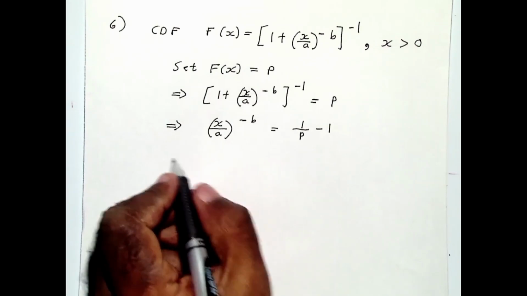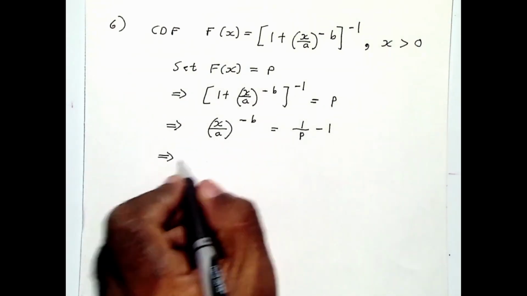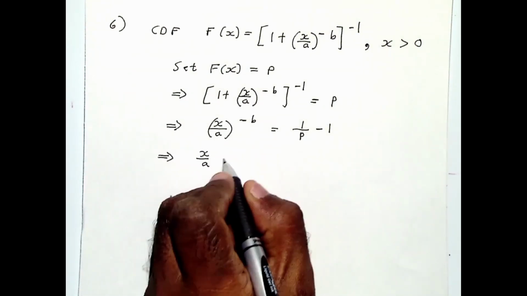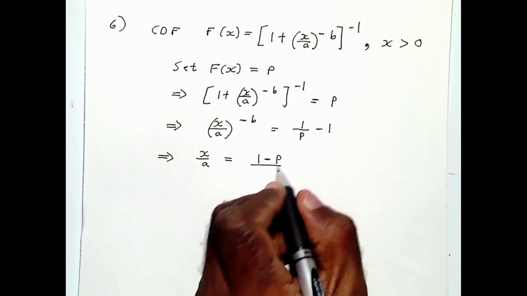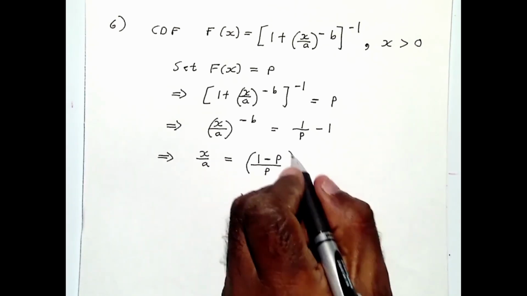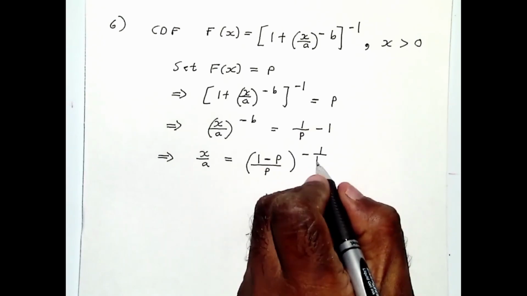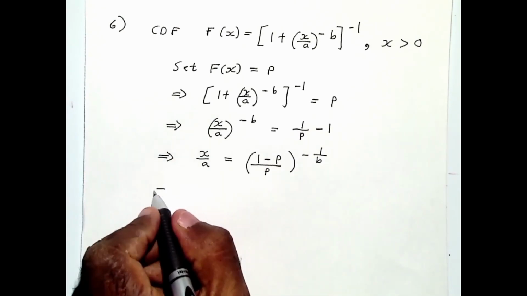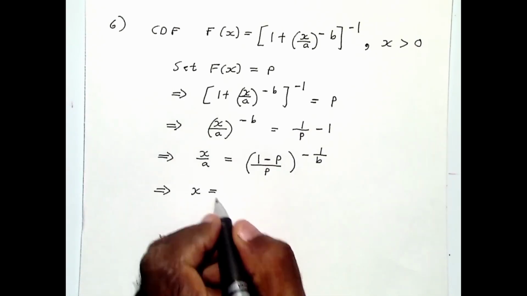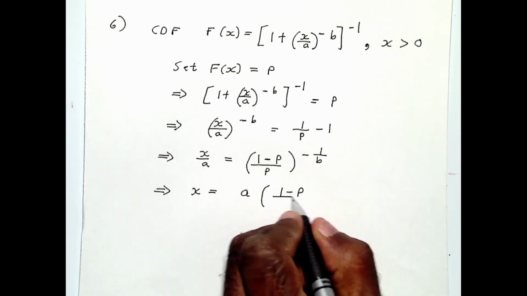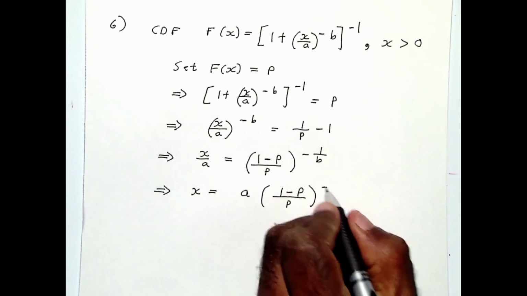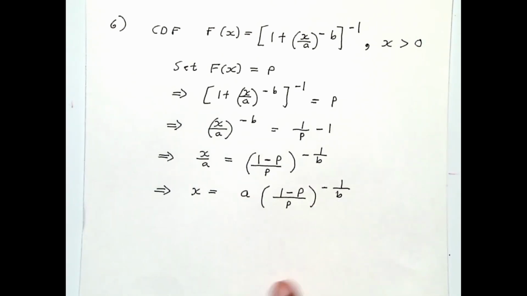Okay. So this is saying that x divided by a is, okay. So x is equal to a times, okay.